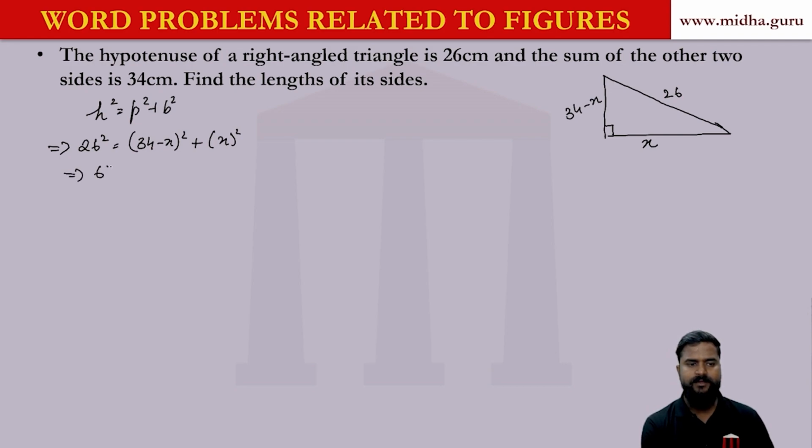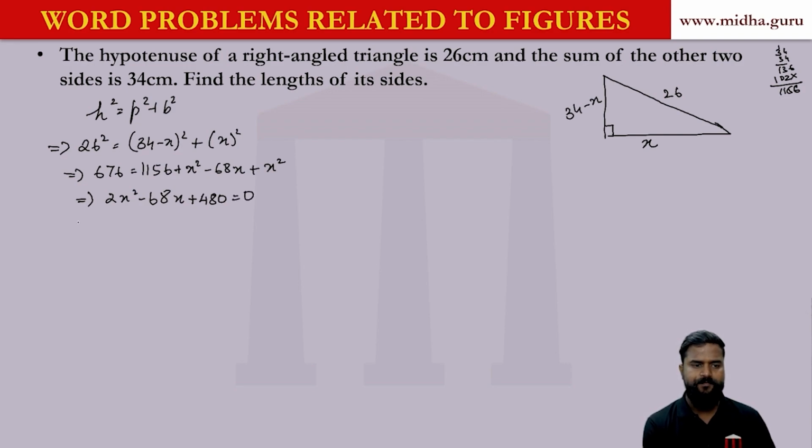So 26 squared is 676, equal to the expansion of a minus b whole square, which is 34 squared, 1156, plus x squared minus 2 into 34 into x, then plus x squared. So we bring this 676 to this side, and we get 2x squared minus 68x, and then plus 480.